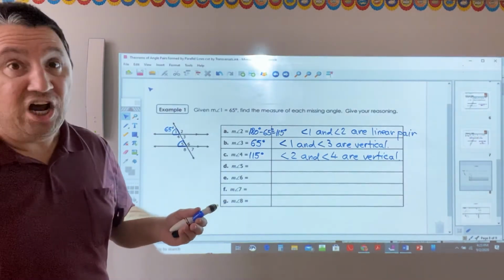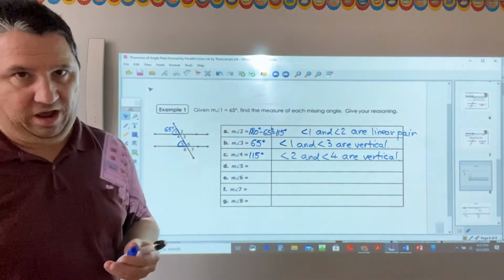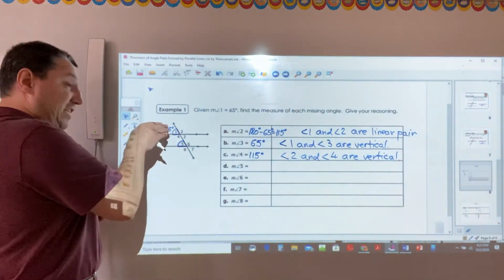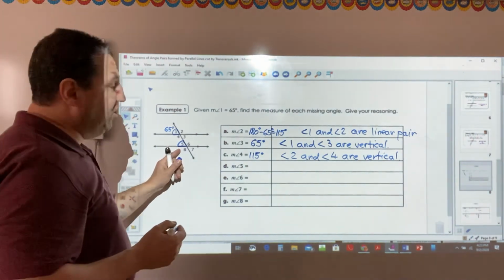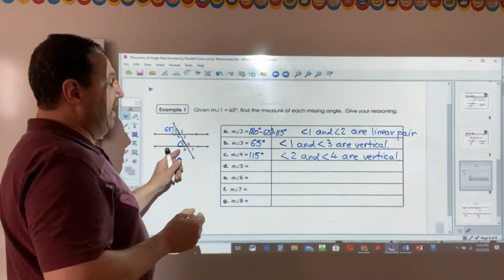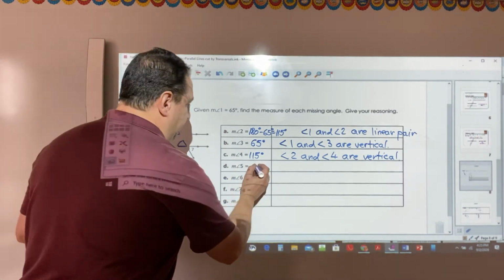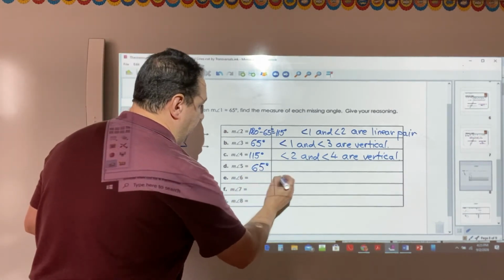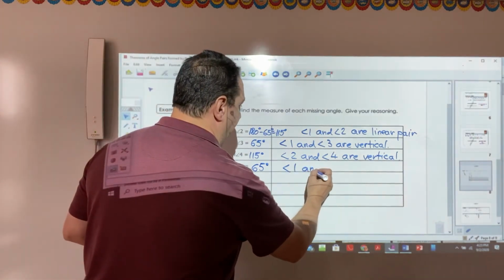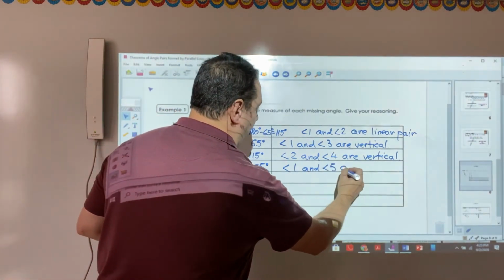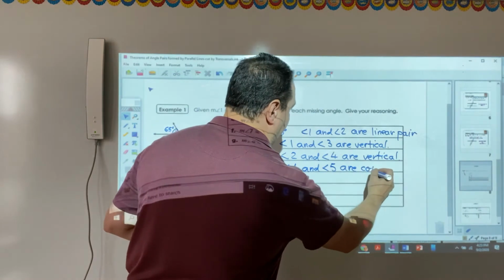So they are corresponding angles. We know corresponding angles are congruent, which means measure of angle 5 would be 65. Because angles 1 and 5 are corresponding.